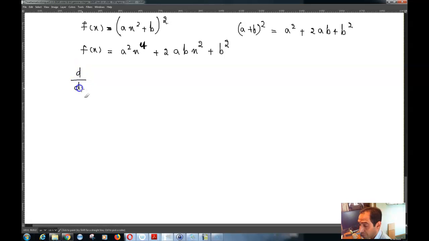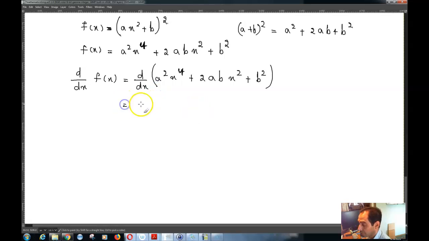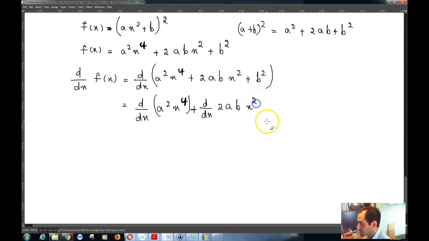Now d by dx of f of x is equal to d by dx of a squared x raised to the power 4 plus 2 times ab x raised to the power 2 plus b squared, which is equal to d by dx of a squared x raised to the power 4 plus d by dx of 2 times a times b times x squared plus d by dx of b squared.